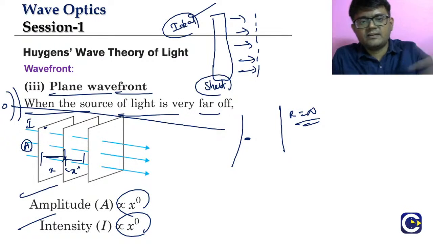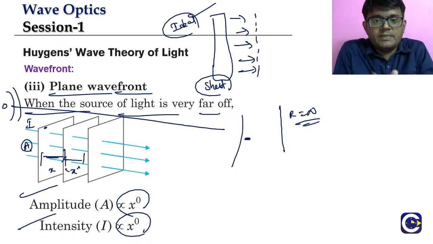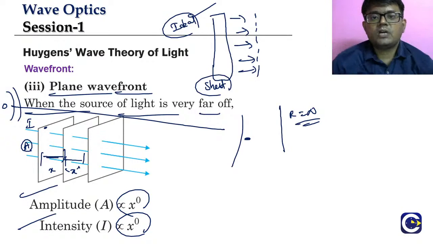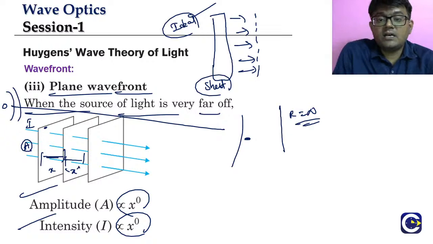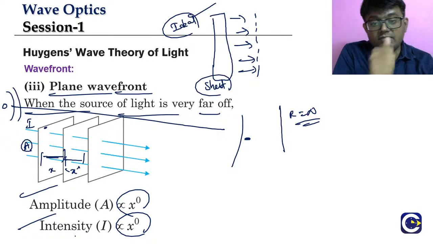For 1 centimeter, 2 centimeter like that, we are not going to observe any noticeable changes. So these are the three different types of wavefronts that we can think of when talking about the wave theory of light.